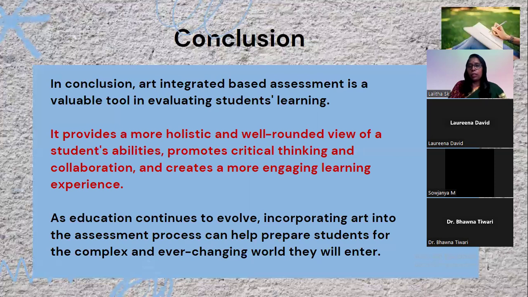It provides a holistic and well-rounded view of a student's ability and promotes critical thinking and collaboration. Collaboration, how the children get into teamwork, how they get together and communicate, how the socializing happens. So collaboration creates more engaging learning through hands-on experiments.